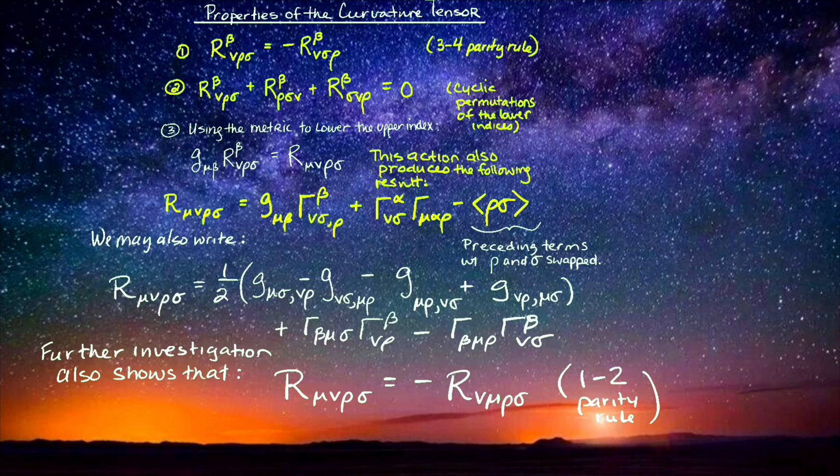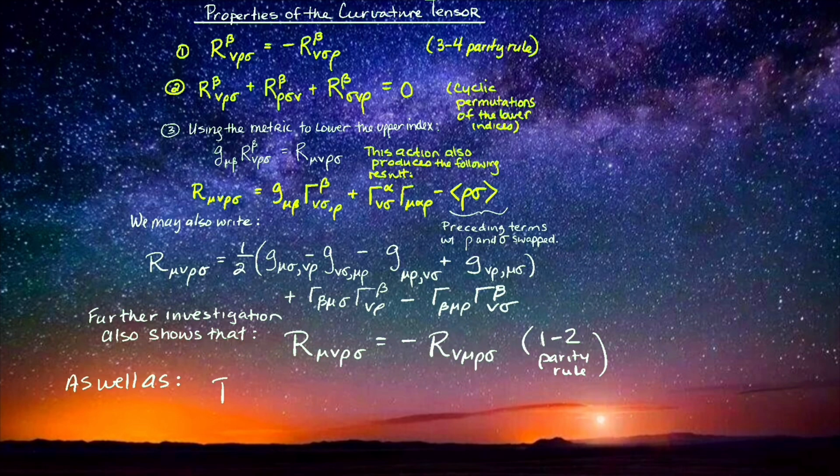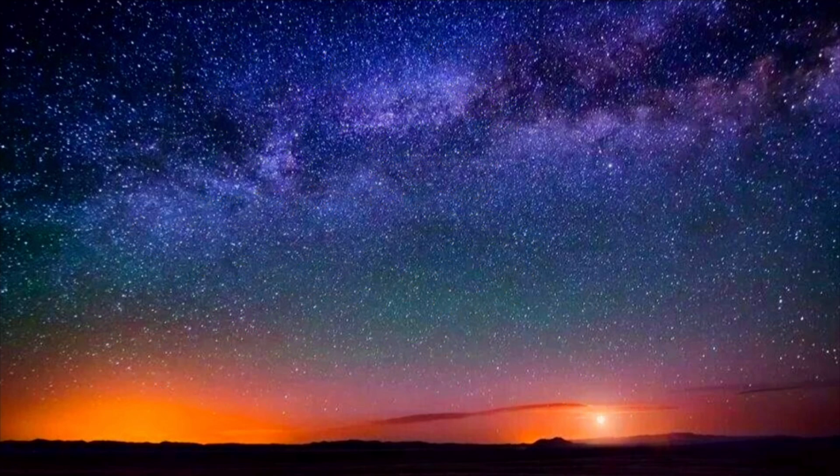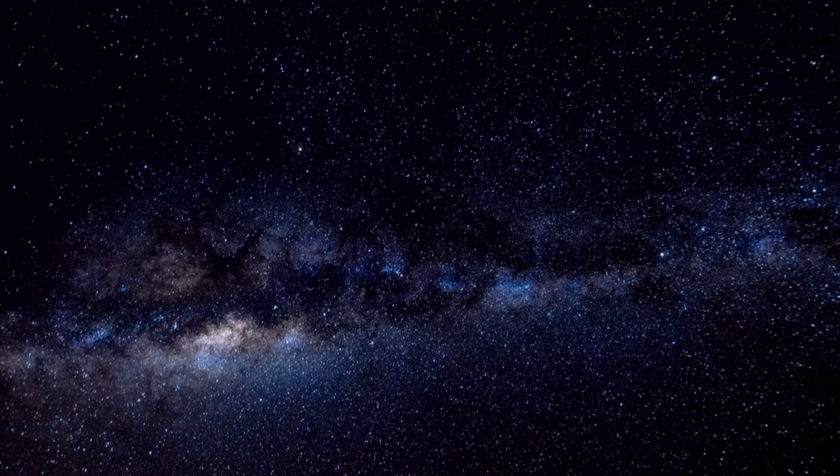Swapping the first two indices retains a negative sign. As well, if we swap the first two indices with the third and fourth indices, we retain the same value. So with all of these symmetries, we can take the many components of this curvature tensor and reduce them down to some more important terms.